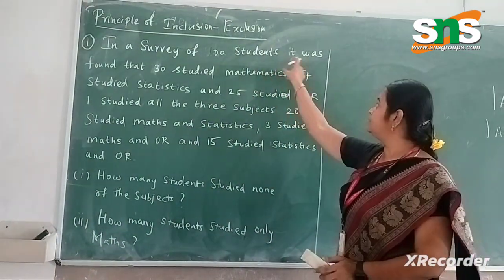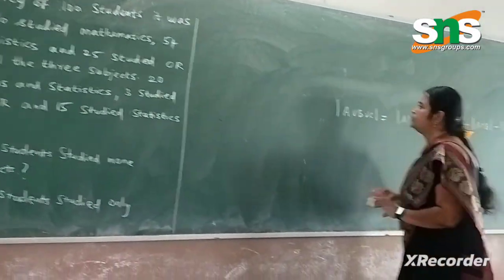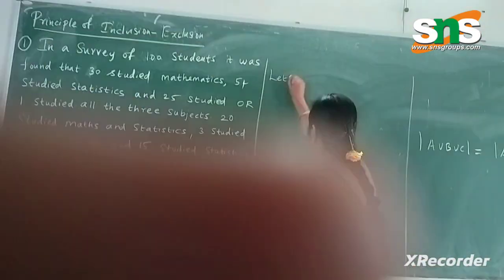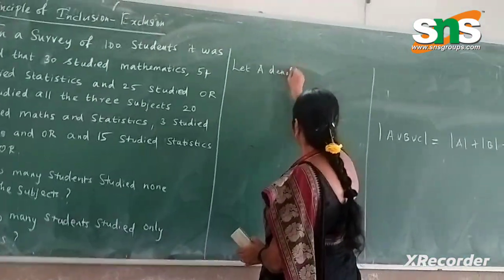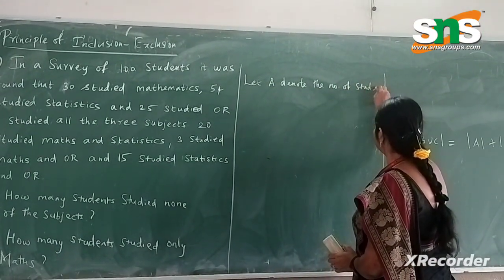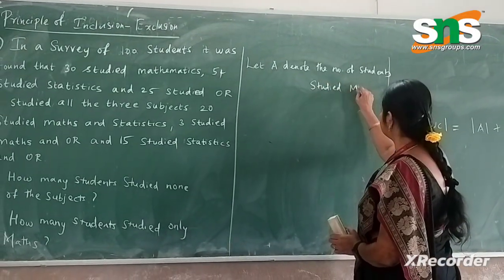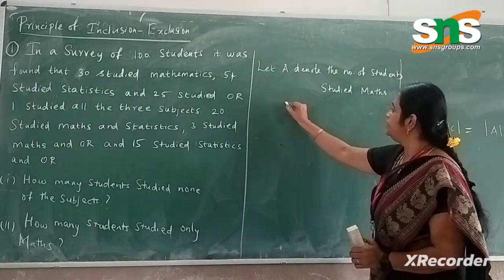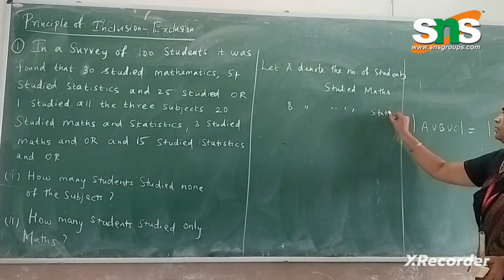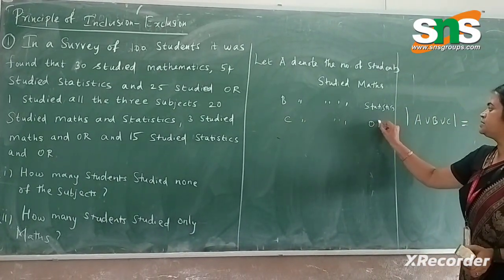First let us write the number of students studying mathematics. Let A denote the number of students studying mathematics, B denote the number of students studying statistics, and C denote the number of students studying operations research.